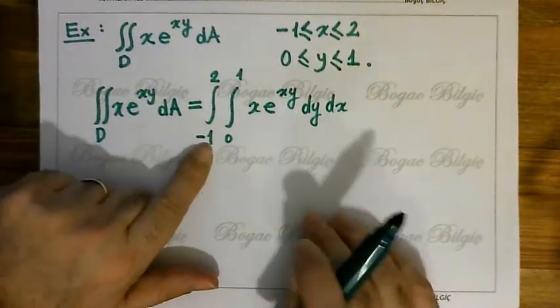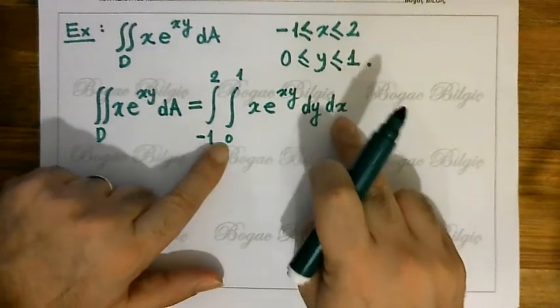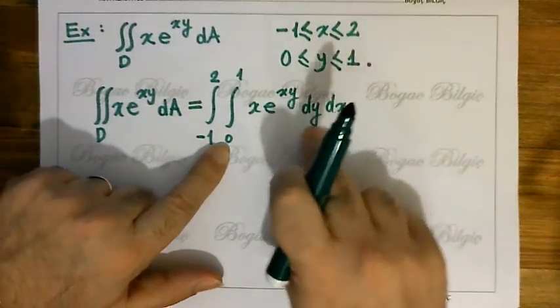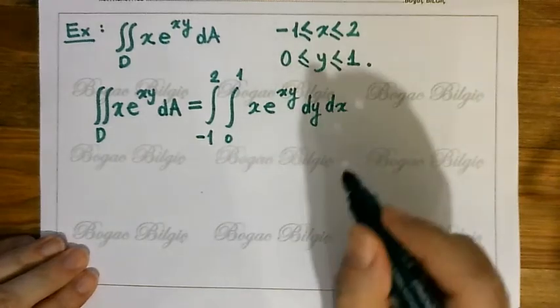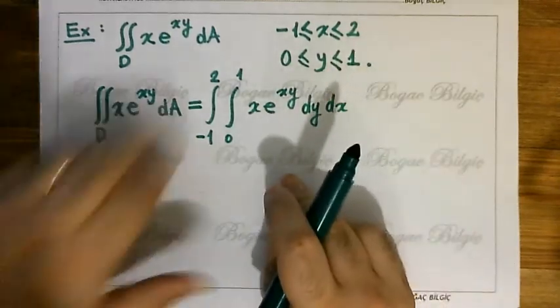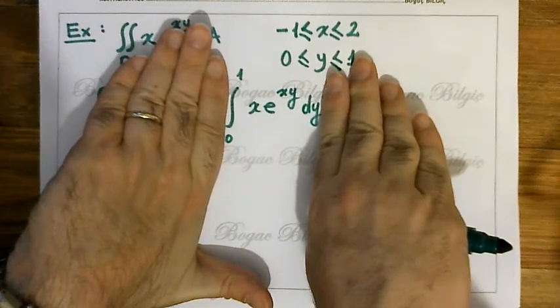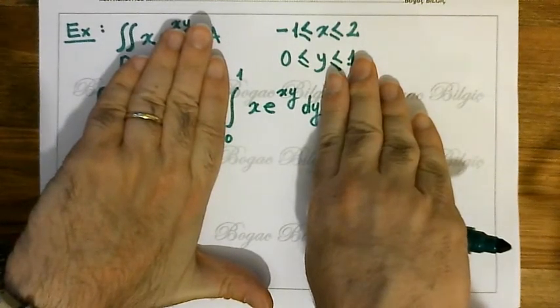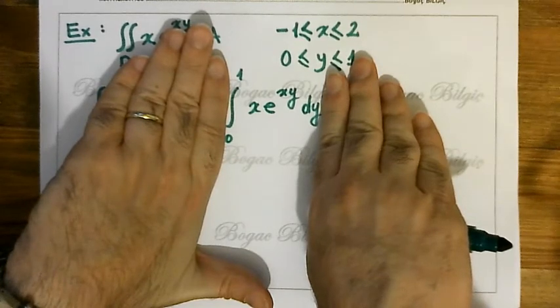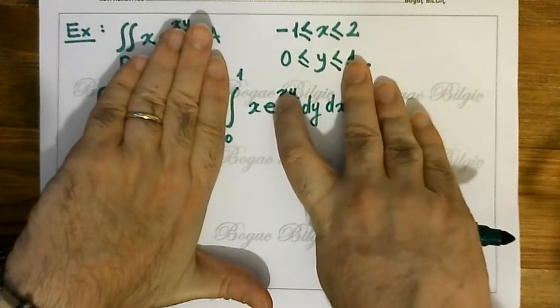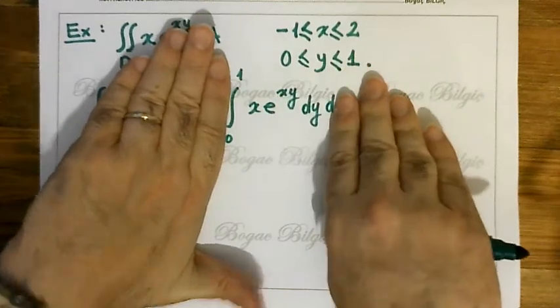This boundary is for x, this boundary is for y. Firstly, we calculate this integral. We integrate with respect to y, treating x as a constant.